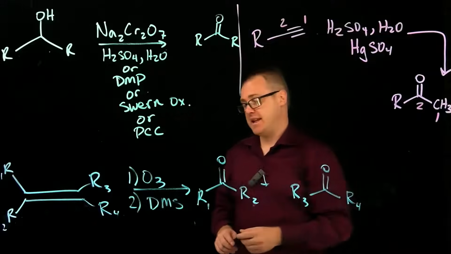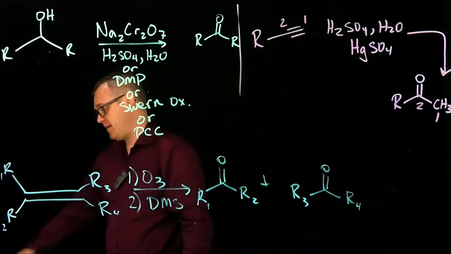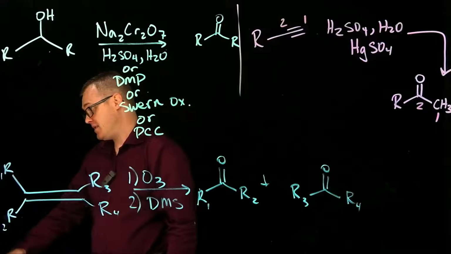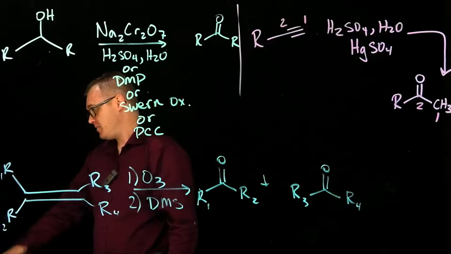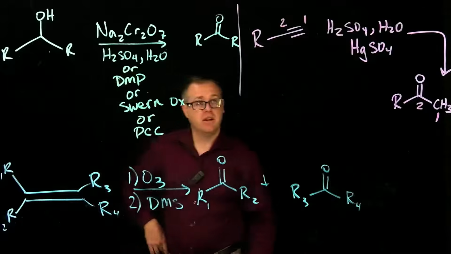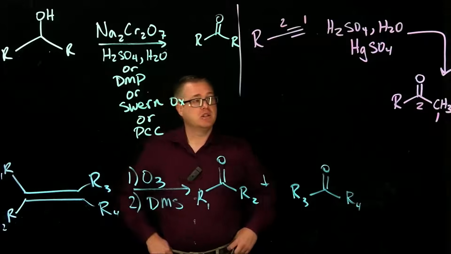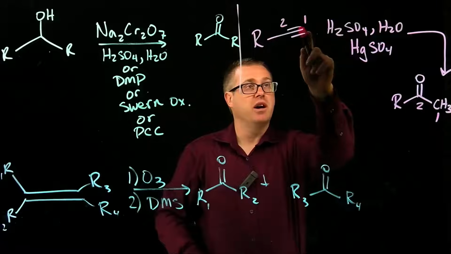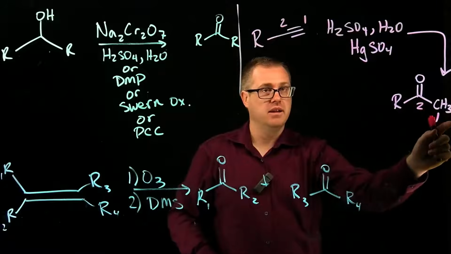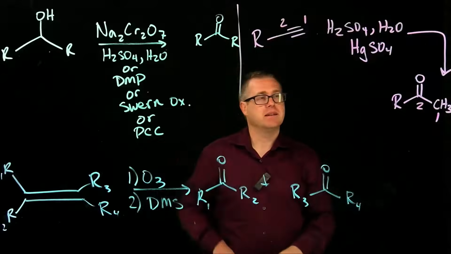Whereas in the previous example, when we were looking at making aldehydes, we did the hydroboration-oxidation reaction to put the double-bonded oxygen on carbon 1, and that's anti-Markovnikov. Isn't that cool?